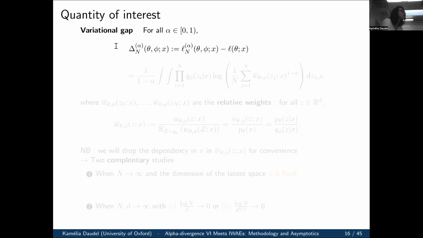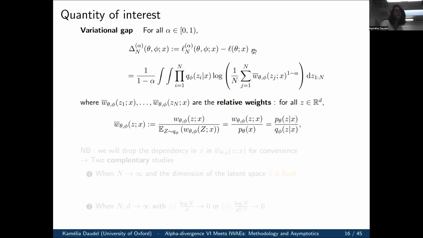In order to study theoretically my VR bound, I'm going to look at a quantity which is called the variational gap. Basically, it's my bound minus my target, the marginal log likelihood, which I've defined here. So this is always non-positive, and it's going to be equal to 0 if I've reached my target. I can rewrite this under this form, where this quantity appears, which I'm going to refer to as the relative weights.